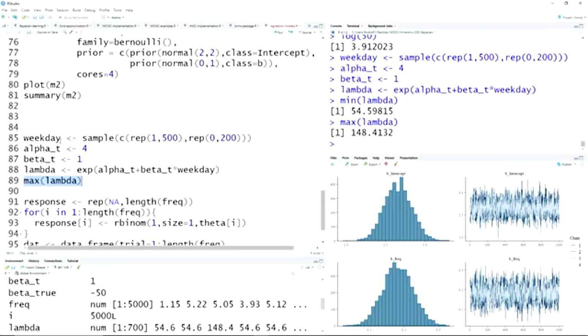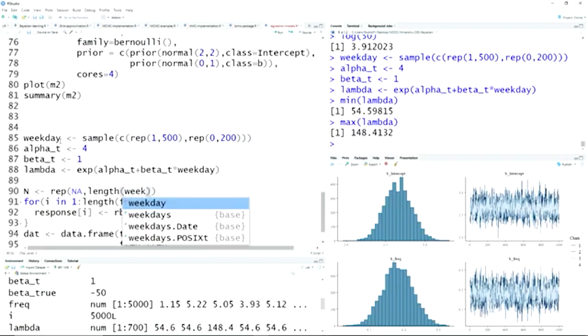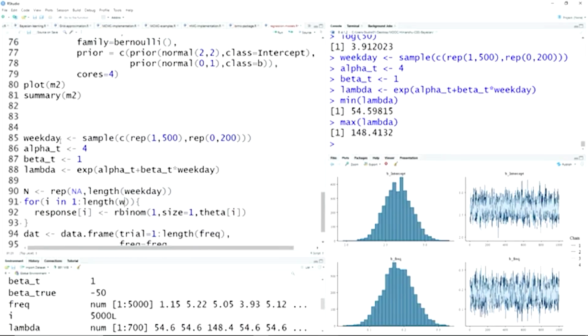Okay, so this is good. So you've gotten your lambda. Now you generate number of road accidents. n_i comes from rpois 1, lambda_i.